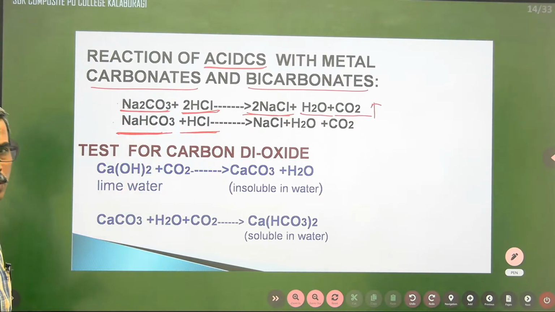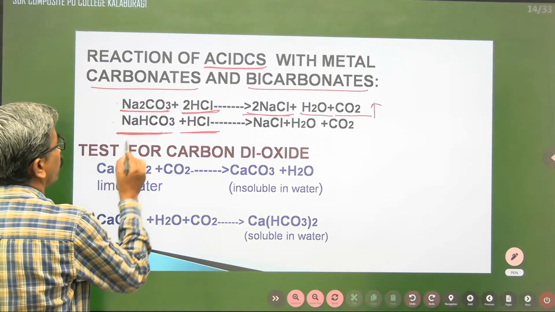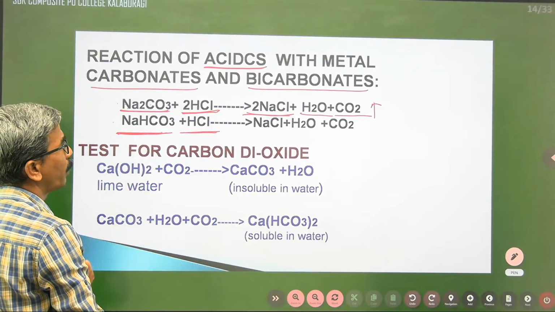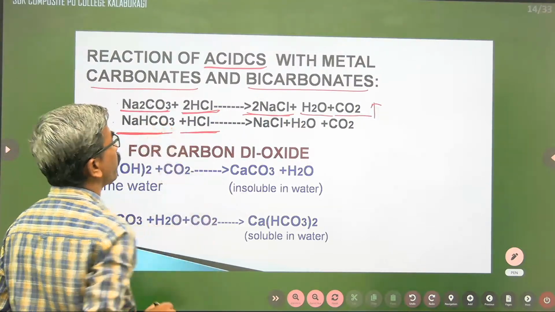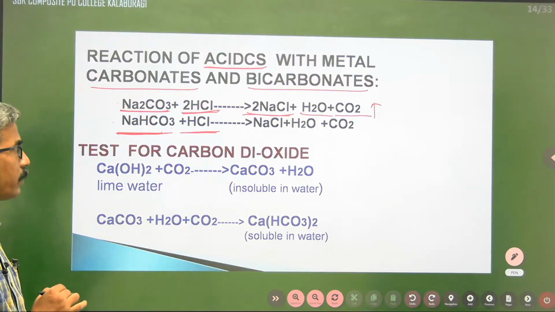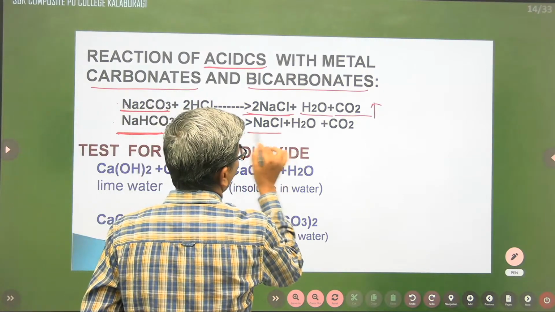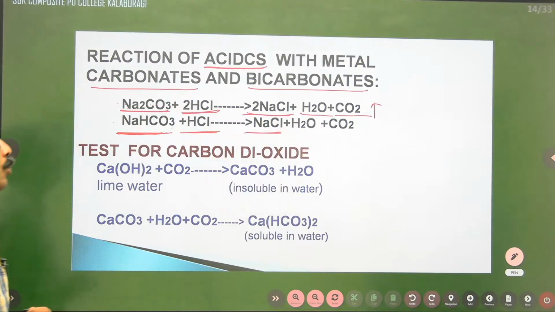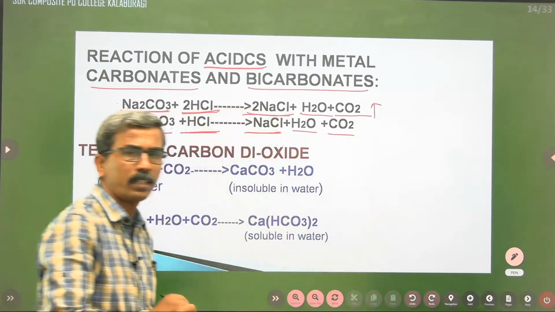NaHCO3 we call sodium hydrogen carbonate, or we can also call it sodium bicarbonate. Now, when sodium bicarbonate reacts with hydrochloric acid, like sodium carbonate, it also produces sodium chloride, and the other byproducts are H2O and CO2.